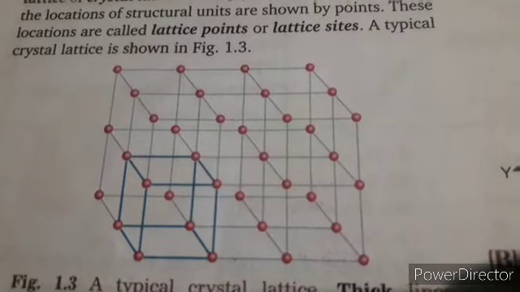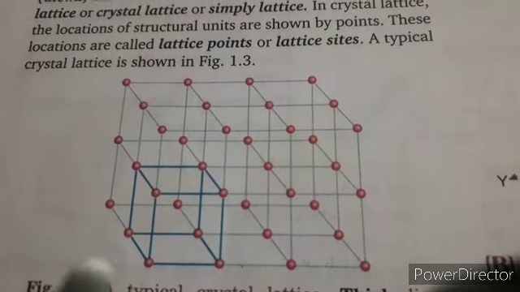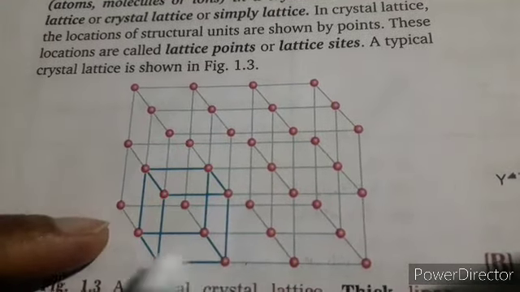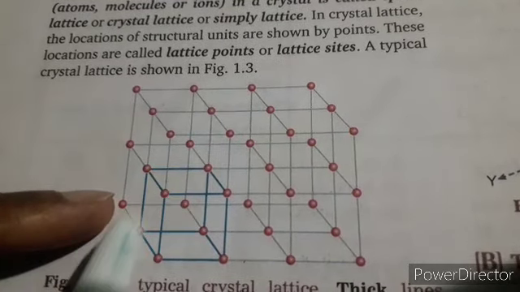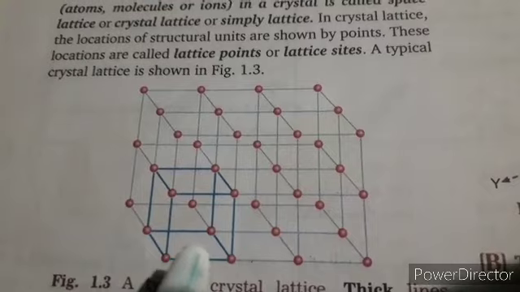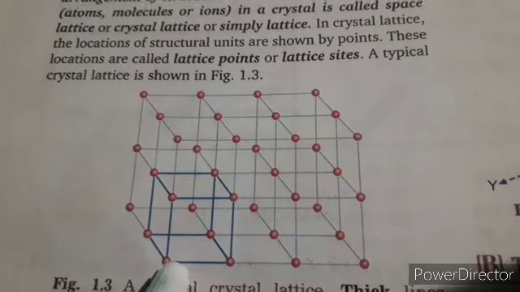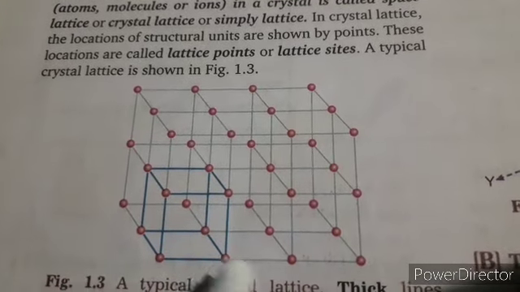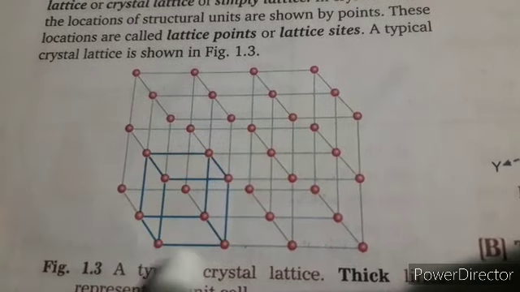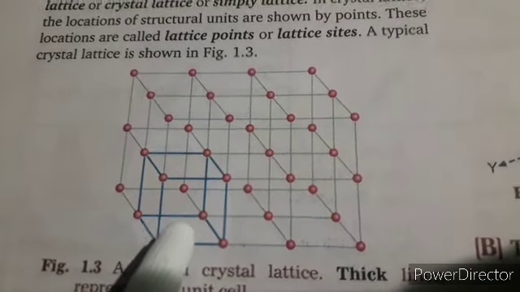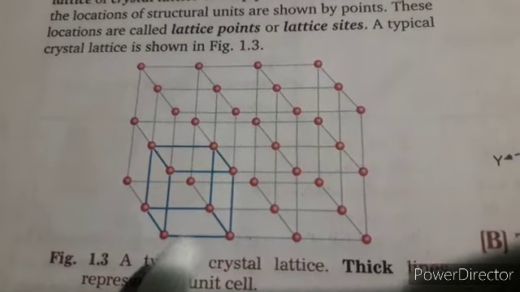So you can see that this is a crystal. Then you are seeing these red colors. What are they? These are simply the particles that are placed over here. Now these particles can be anything: an atom, a molecule, or an ion, right? You are getting my point. So this particular arrangement of atoms or molecules gives you a three-dimensional structure.